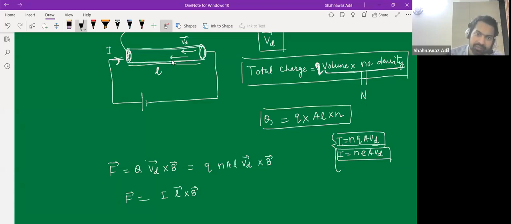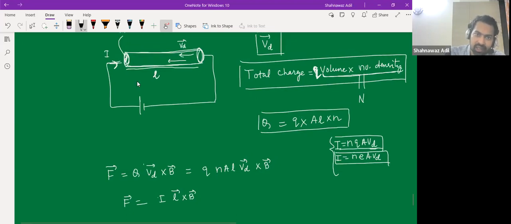Now let's say that the magnetic field is perpendicular, going inside. So this is the direction of the magnetic field.